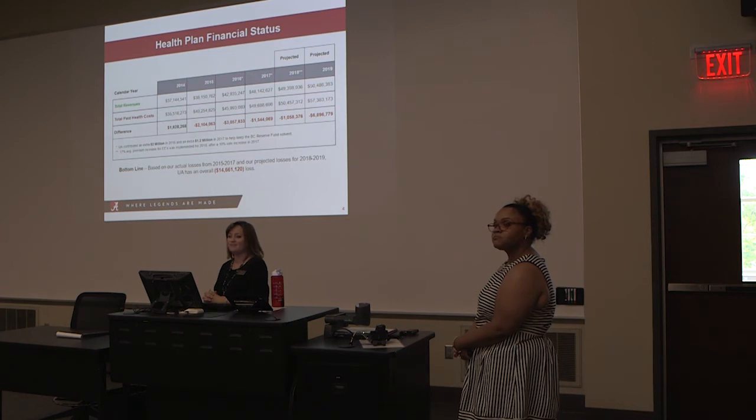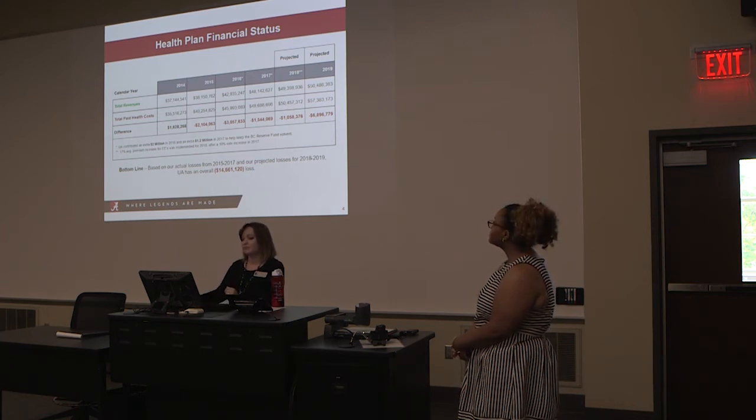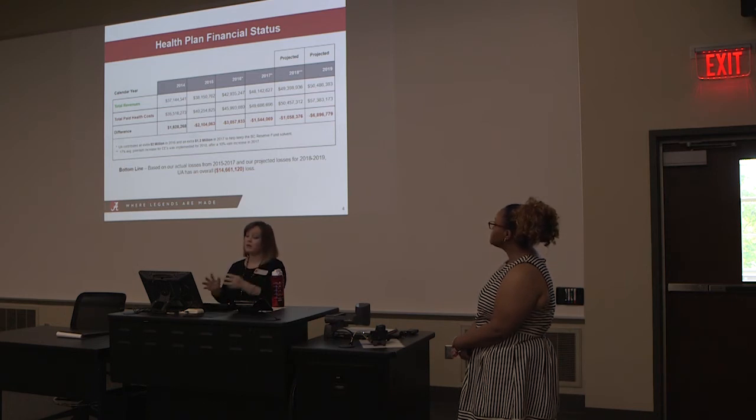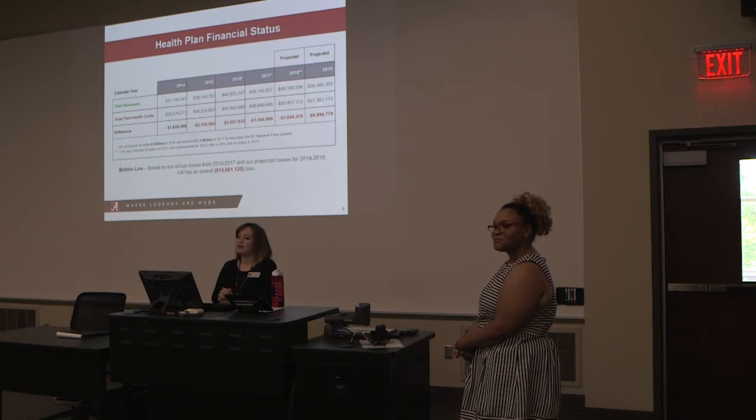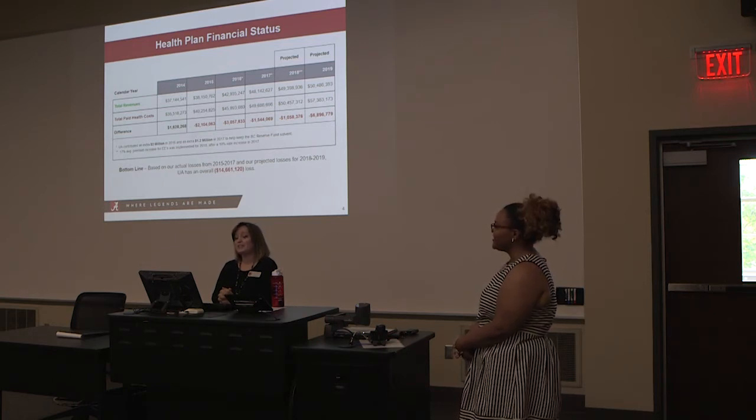Yes, ma'am. On one of your slides, you showed the years that there was not an increase, but in this one, there are definitely deficits. Why didn't someone project back in 2015 that we were going to be 14 million in the hole? Well, we did in fact project that we might have losses in those years, but the administration made the decision to add additional funds.